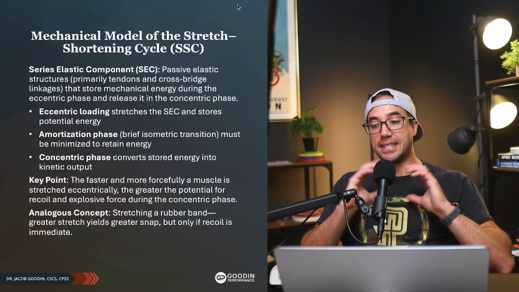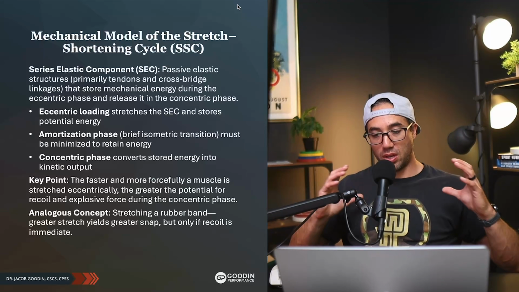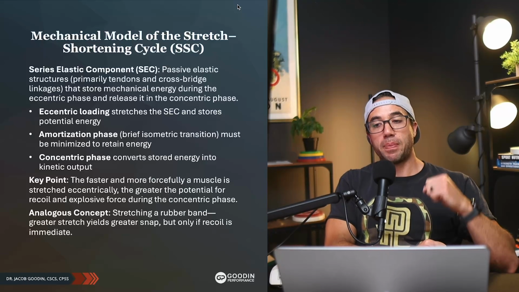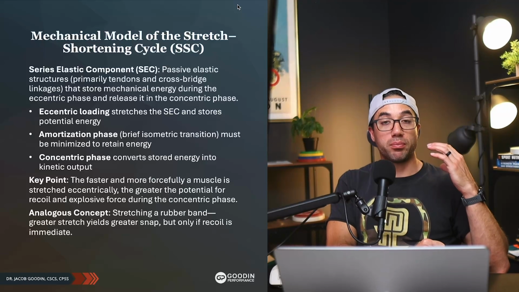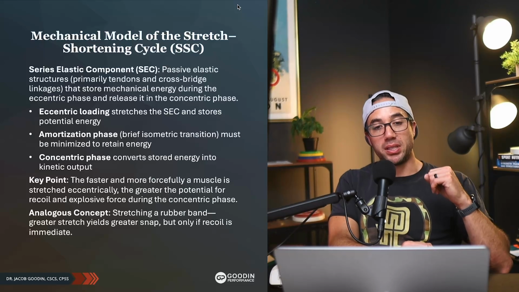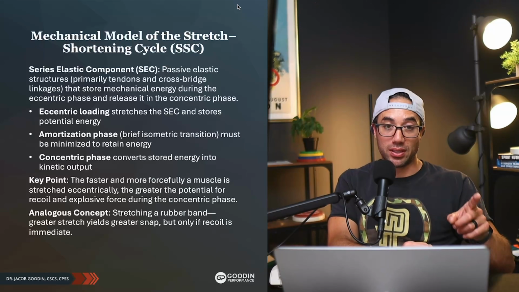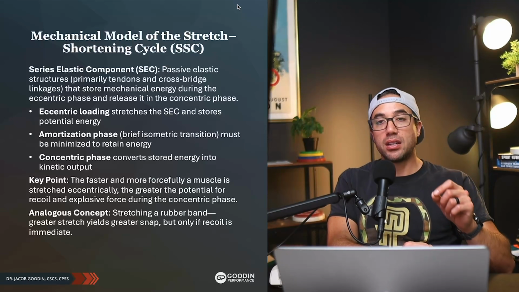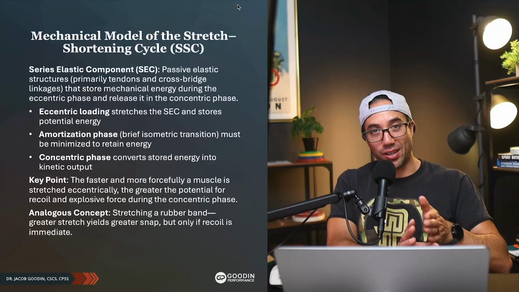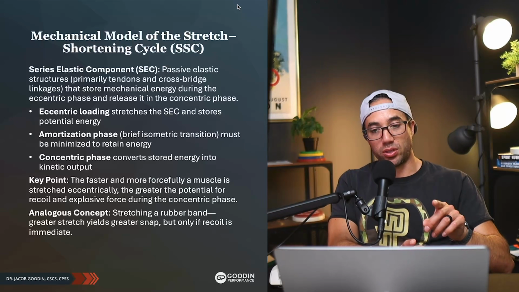So the sheaths, essentially, that surround the muscle, the fascicles, and the muscle fibers that run throughout the entire muscle and are continuous with the tendon. That would be the parallel elastic component. Those, together with the series elastic component and the contractile components of the myofibrils themselves, make up all of the mechanical model of the stretch-shortening cycle.